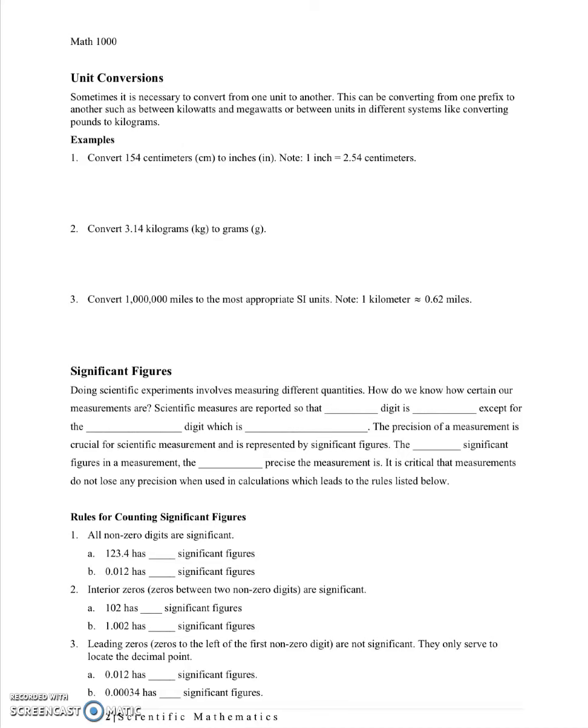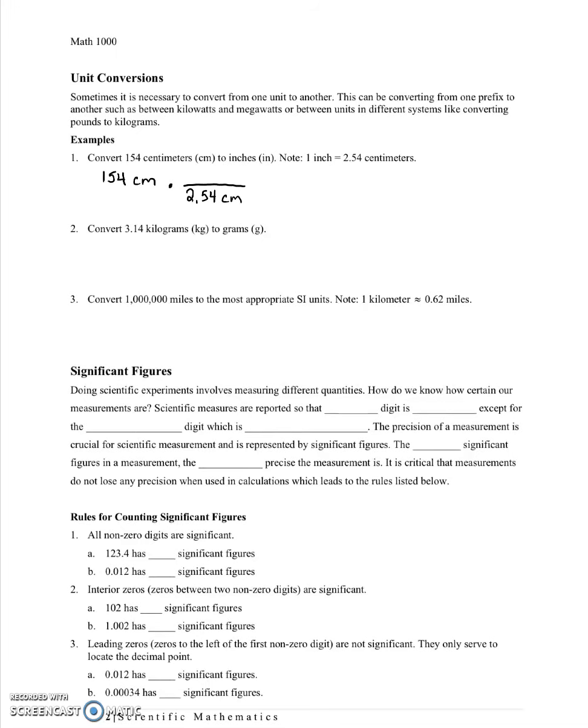So let's convert 154 centimeters to inches. And note, we have 1 inch equals 2.54 centimeters. I always start with what I know, what I'm trying to convert. So I'm trying to convert 154 centimeters. Now I'm going to multiply that by my conversion factor. Since we have centimeters that we started with, we need to have centimeters in the denominator of our conversion factor.